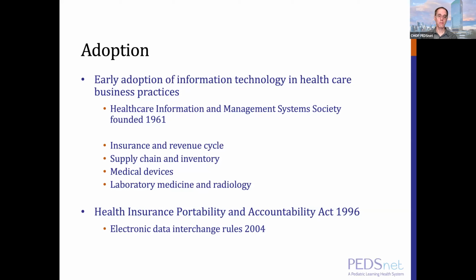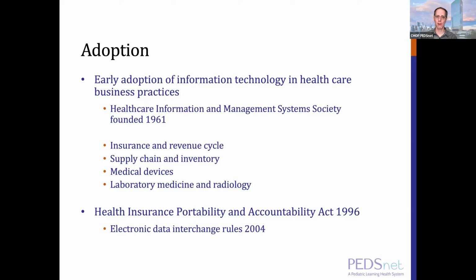So one of the landmarks toward the turn of the century in the way we interact with electronic healthcare data is the Health Insurance Portability and Accountability Act of 1996, or HIPAA, as folks talk about it routinely.